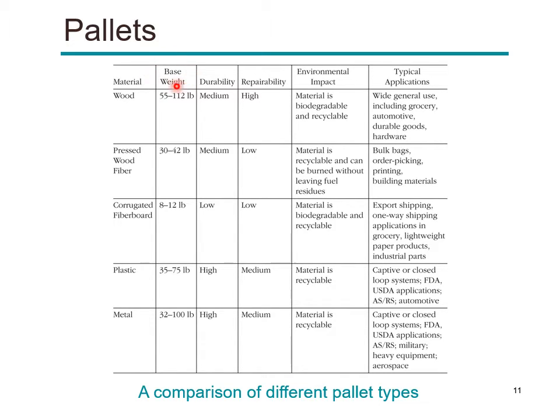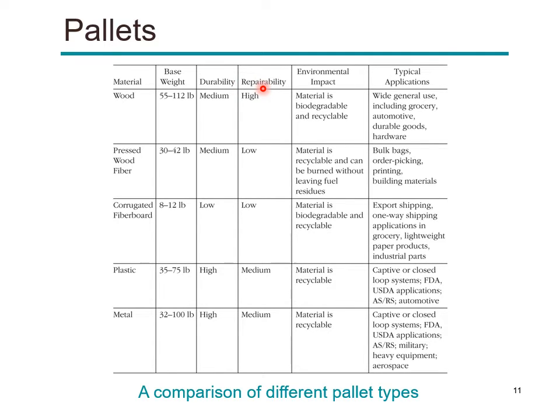Basically, you can talk about the weight of the pallet because you want the pallet to be as lightweight as possible because you need to move it, you need to carry it, and if you are carrying a heavier weight, it will be costly and you will require a larger material handling equipment if the pallet is not too light.